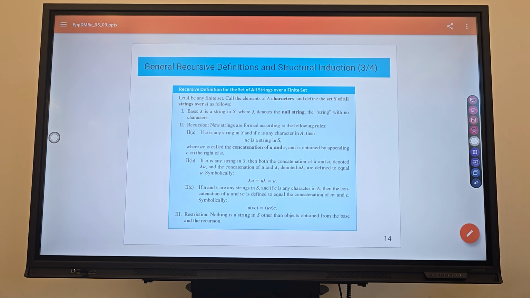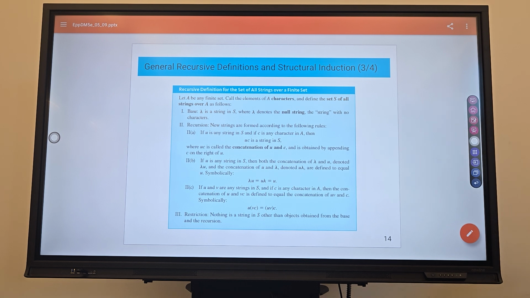If U is any string in S, then both the concatenation of lambda and U and the concatenation of U and lambda are defined to equal U. Symbolically, lambda U equals U lambda, which equals U. Basically, if you prepend a null string to a string or concatenate it with a null string, you get the original string.